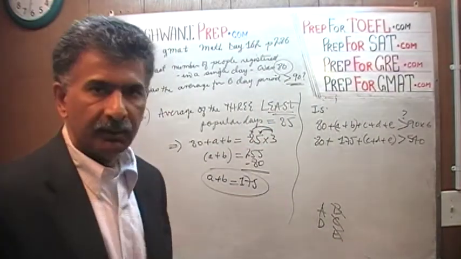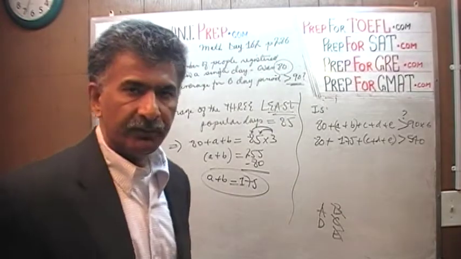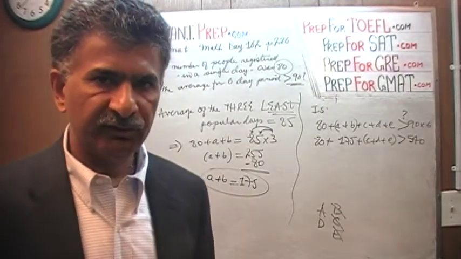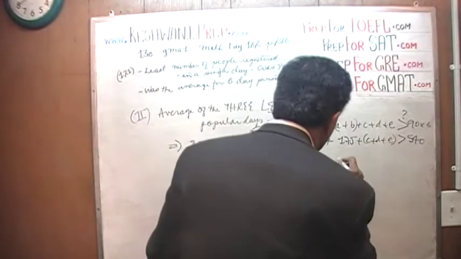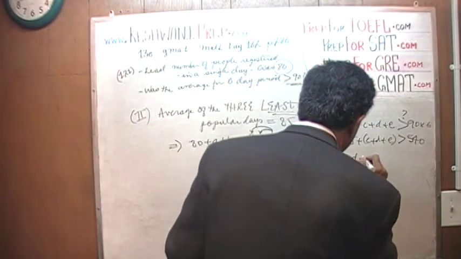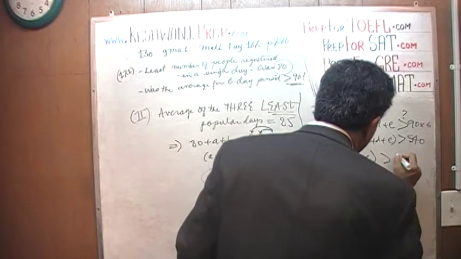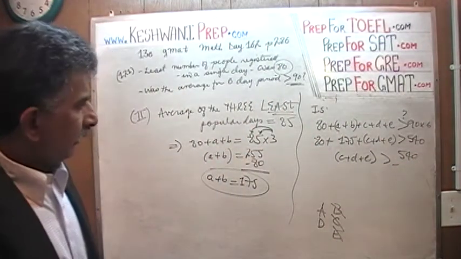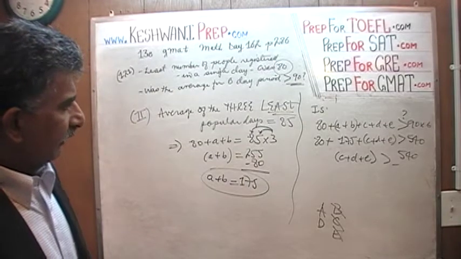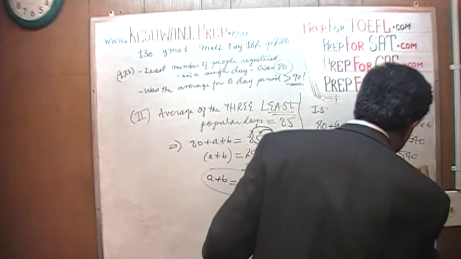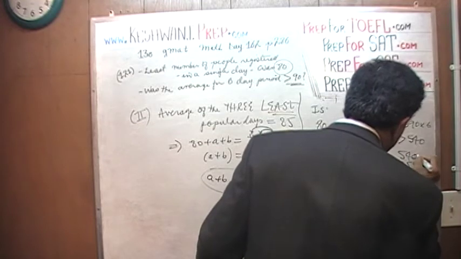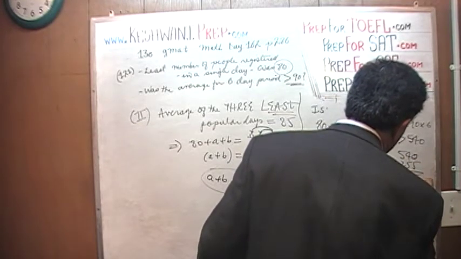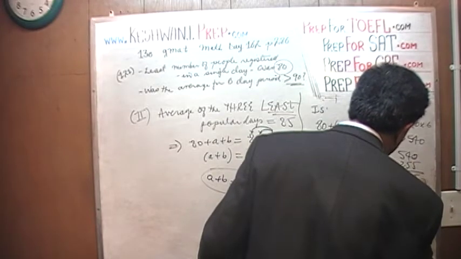175 plus 100 would have been 275. Therefore, 175 plus 80 would be 255. So the question now is, is C plus D plus E greater than 540 minus 255? 10 minus 5 is 5, 13 minus 5 is 8, so 285.